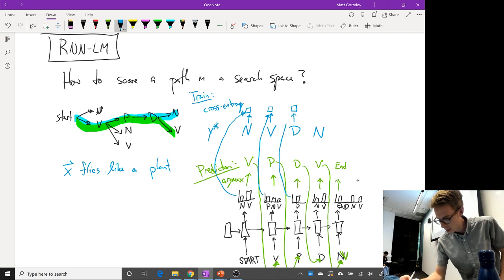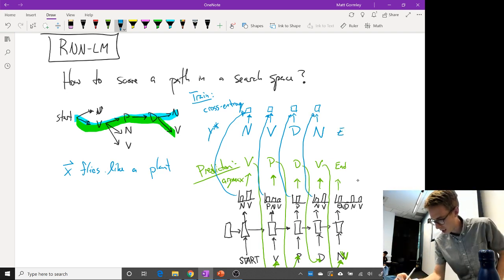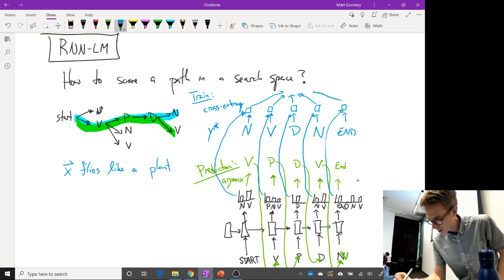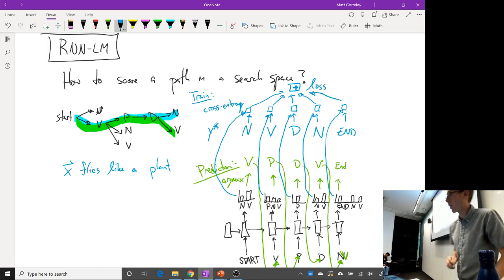Again, we'd feed these in all the way down the line, including an end token here. And at last, we could take all of these little cross entropy terms and add them up, and the result could be the value for our loss function.